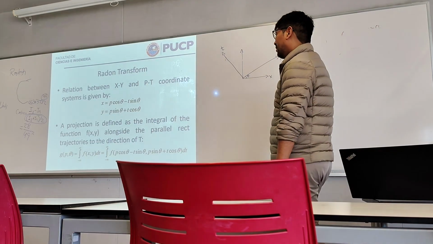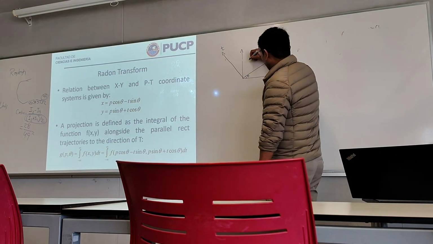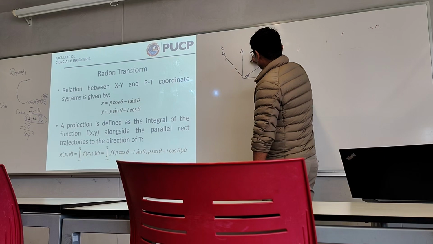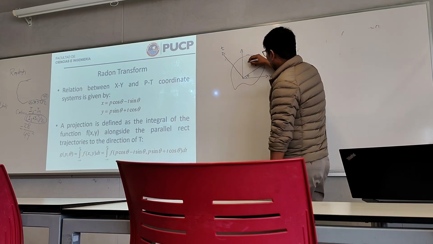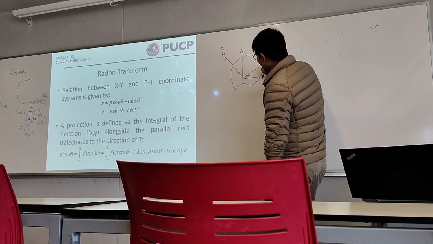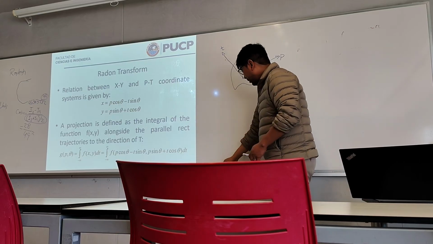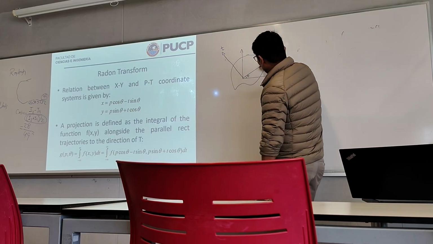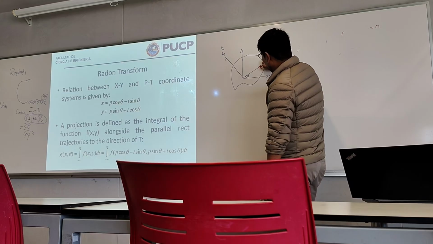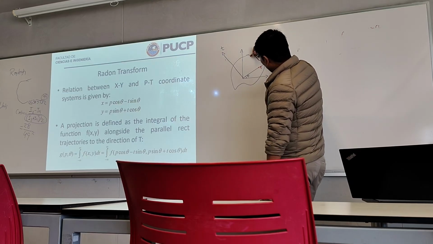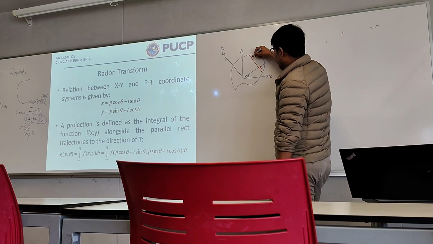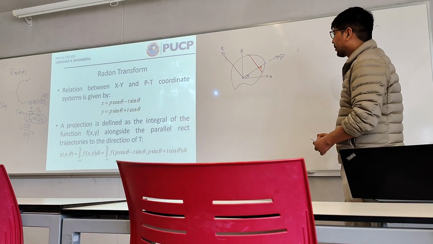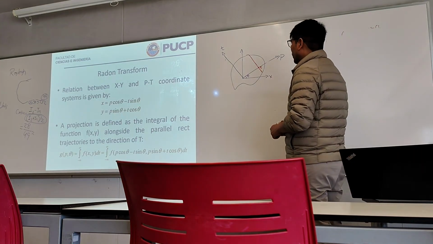So, for example, there is an object like this. If we have the projections in this direction, for us it's important, for this value of p, how is the length across this path, this direction.